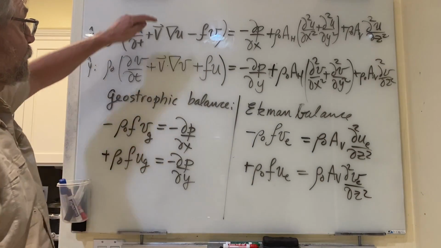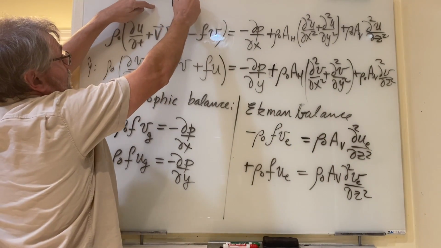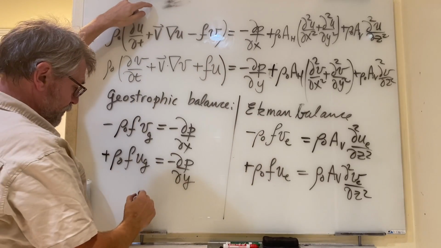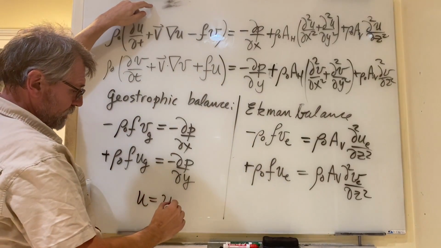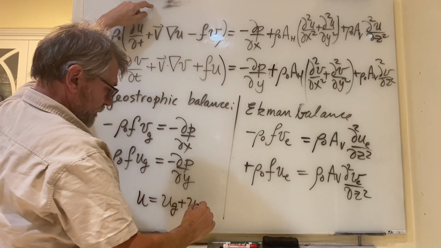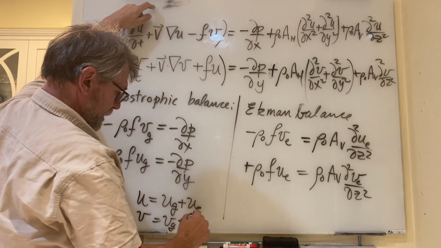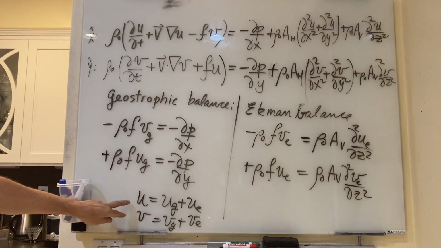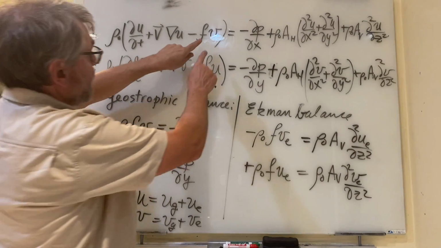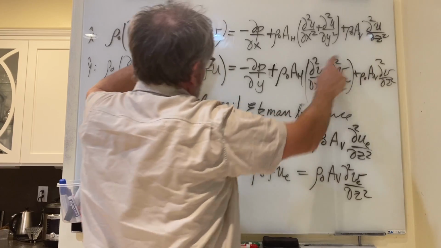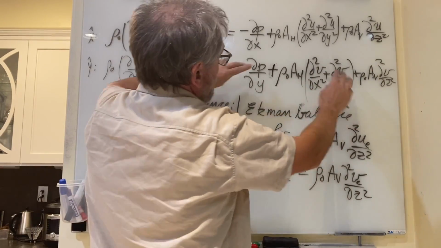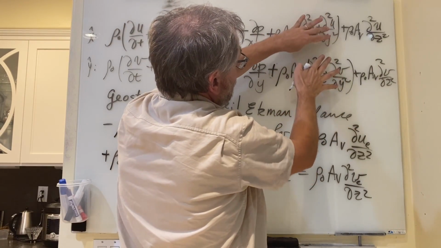All right, so the full velocity u is equal to u geostrophic plus u Ekman, and v is v geostrophic plus v Ekman. So if I substitute in here, then I balance off this term and this term, this term, this term, and this term. I've neglected these horizontal diffusive terms.